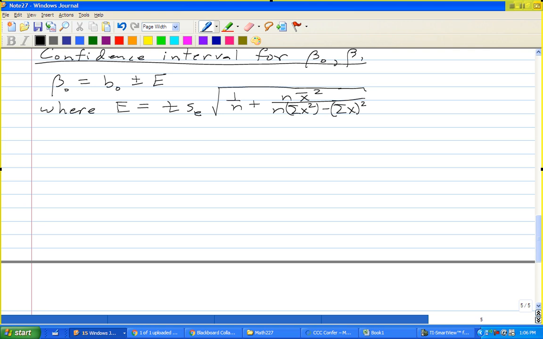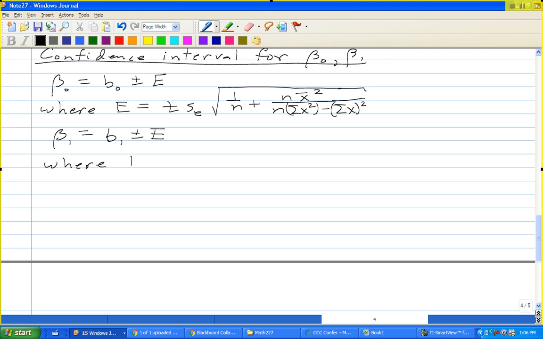And for beta 1, b1 plus or minus e, where e is equal to t times the standard error over the square root of the sum of x squared minus the sum of x, squared over n.